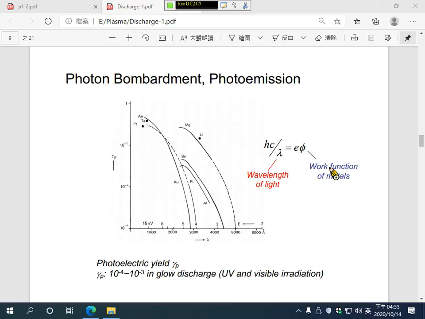And for hydrogen, this energy is equal to the ionization energy, 13.6 electron volts.